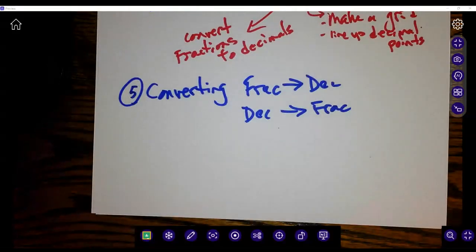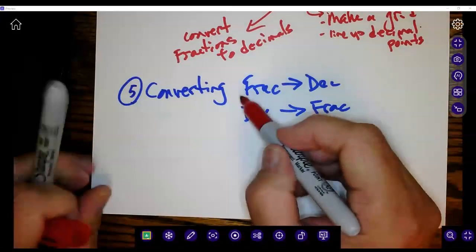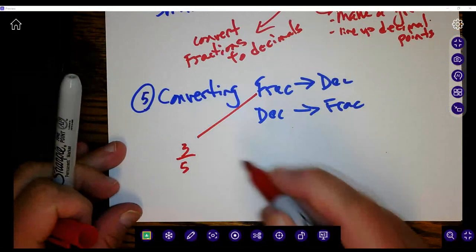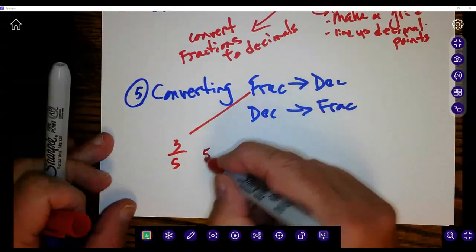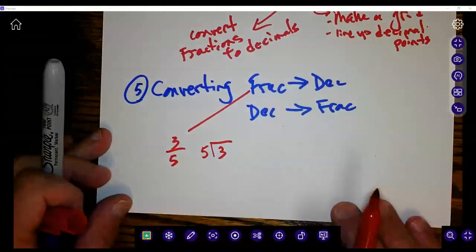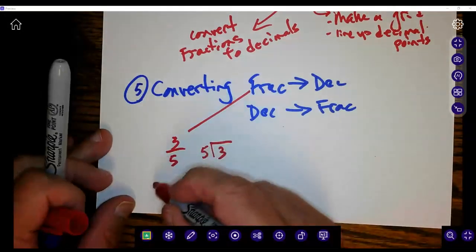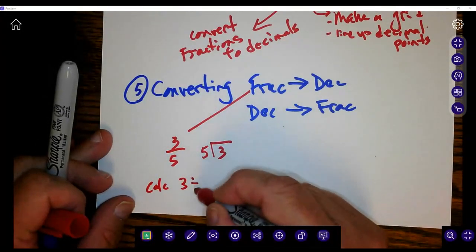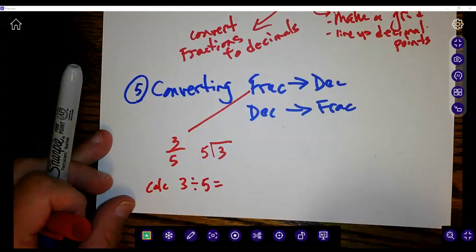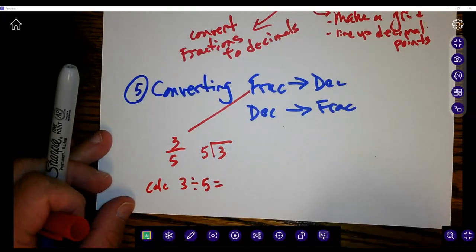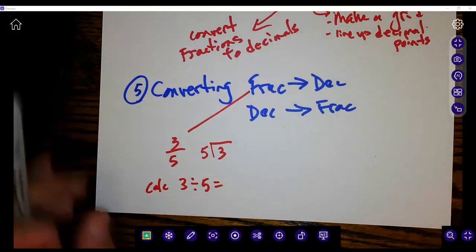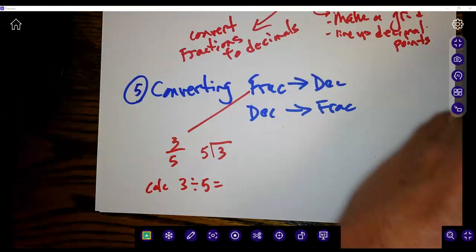When we were converting fractions into decimals, if I have 3/5, you take the number on the bottom and you divide it into the number on the top, or if you have a calculator, you punch in 3 divided by 5. Okay, and in this case it's 0.8, I believe. Let me double check.